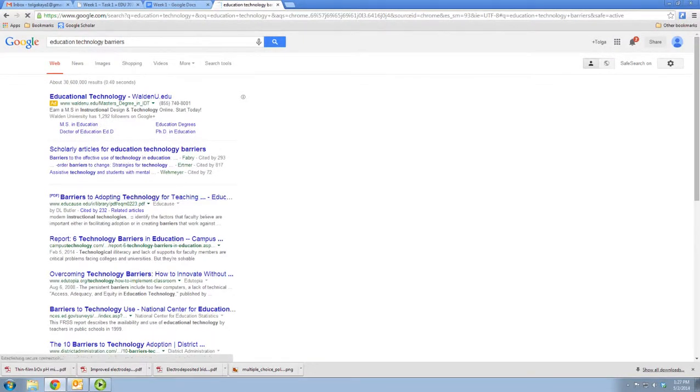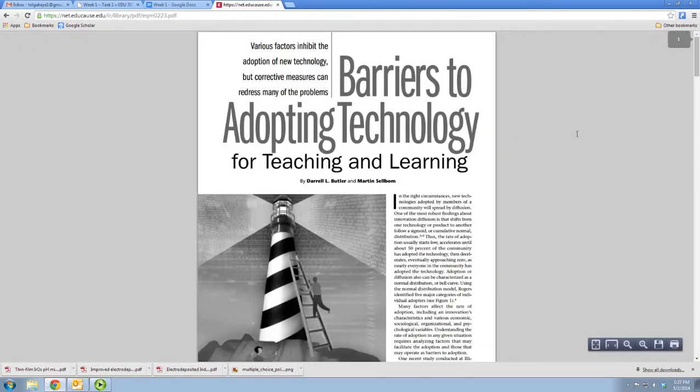That's what we would probably look at. Okay, this is interesting. Various factors inhibit the adoption of new technology, but corrective measures can redress many of the problems. Barriers to adopting technology for teaching and learning. So this is from EDUCAUSE.